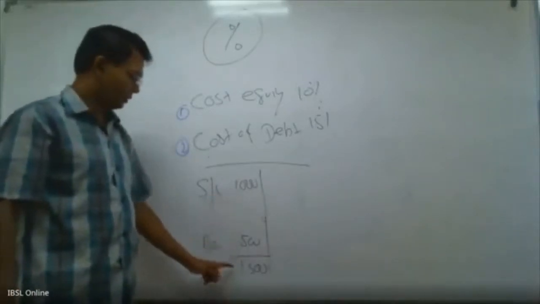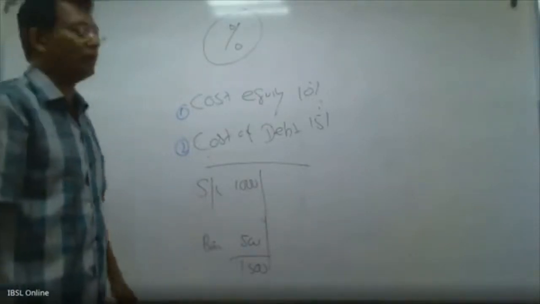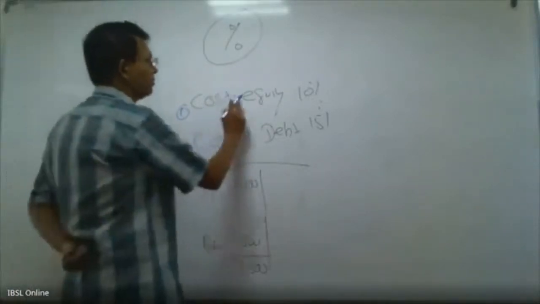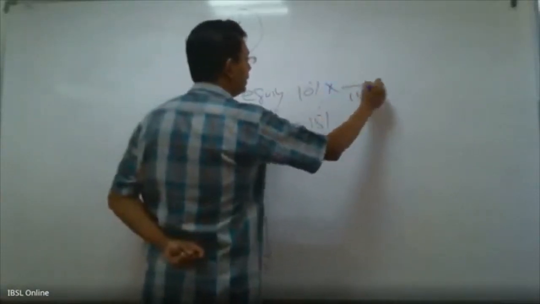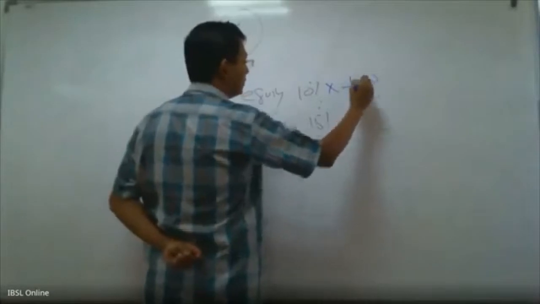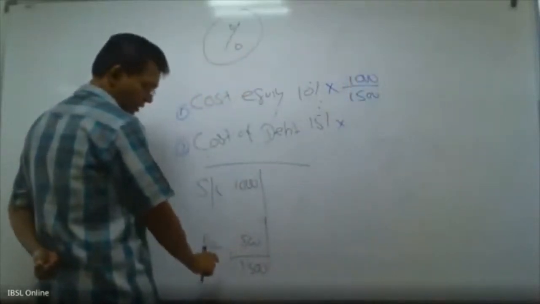1000 out of 1500 is equity, so cost of equity into 1000 out of 1500, plus 15 into 500 out of 1500. This is borrowings, right?